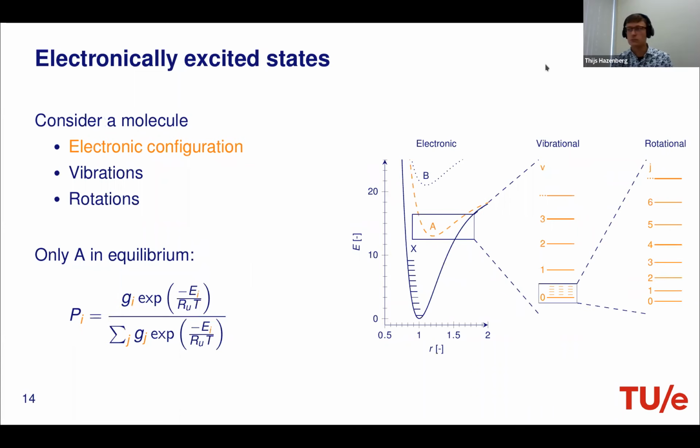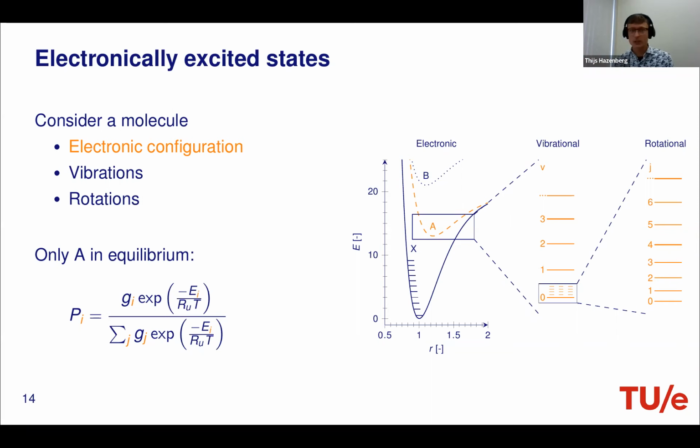If we now want to model a plasma consistently with the thermodynamic data, and we would look at the electronically excited state of a molecule, then we want to separate out this electronically excited state into its own species. What does that mean? That means that the thermodynamic data of this species should only consider this electronically excited state with all of its internal vibrational states and all of its internal rotational states.